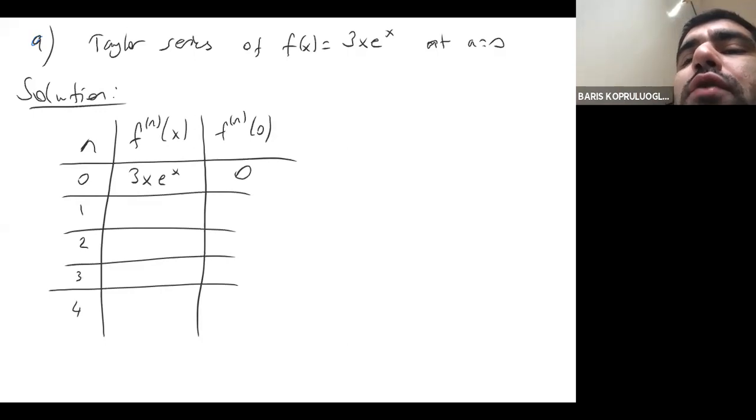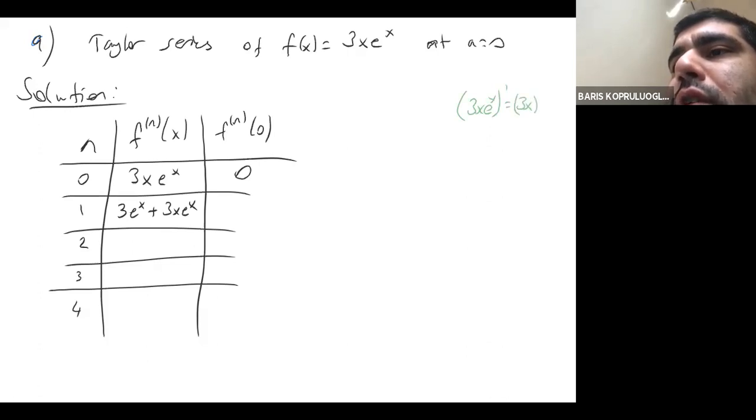So the derivative of 3x times e to the x is 3e to the x plus 3x e to the x. That is the derivative of 3x times e to the x plus 3x times the derivative of e to the x, which is going to be 3e to the x plus 3x e to the x.